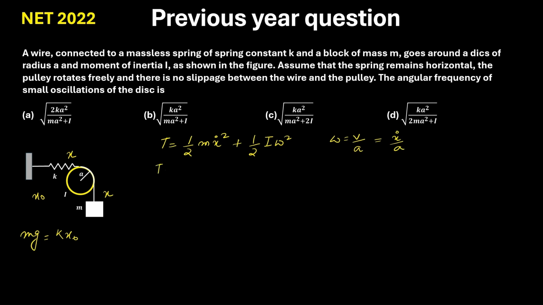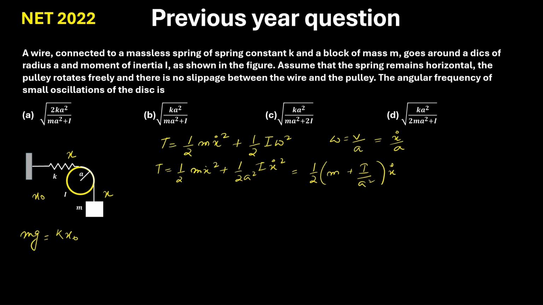So if I substitute that, I'll have half m x dot square plus half I by a square x dot square. So maybe I can rearrange this: half m plus I by a square into x dot square. So this is my kinetic energy term.